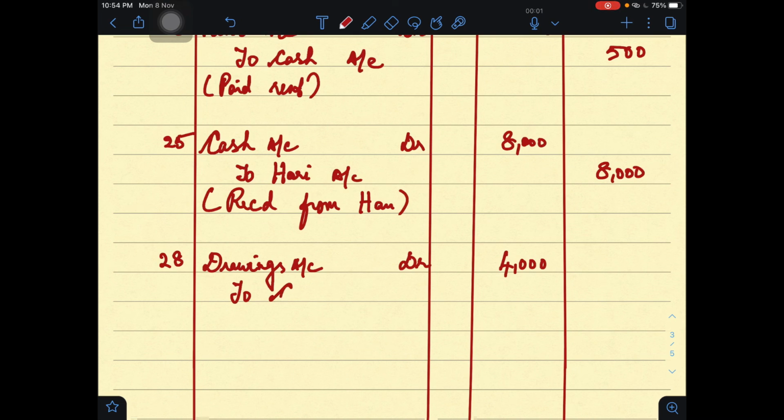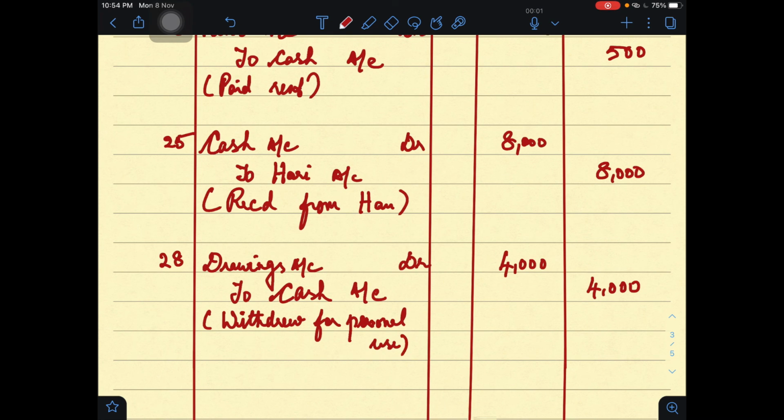So he has withdrawn cash, that's what the word says. This is a cash transaction, so cash is involved. So 4,000 is being withdrawn by the proprietor. So just let me briefly show the narration. Withdrew for personal use. Okay, so that's it.